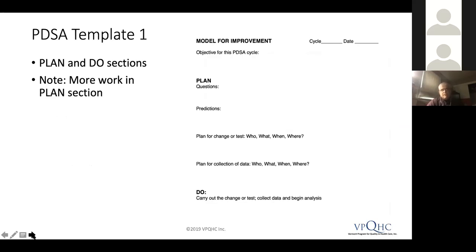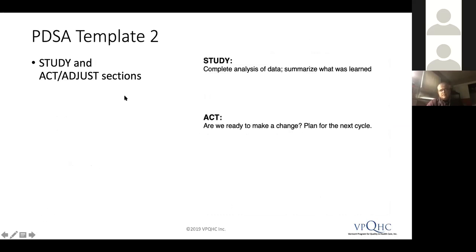Here's the top section of that PDSA template, and as you can see, it's fairly simple. It's just got the title block up here, plan, do, and the second part of this is the study and act or adjust section. So very simple, but having this written down, I found is of immeasurable value, because once you start using this and you end up with multiple ones of these ongoing, it's very easy to lose track.